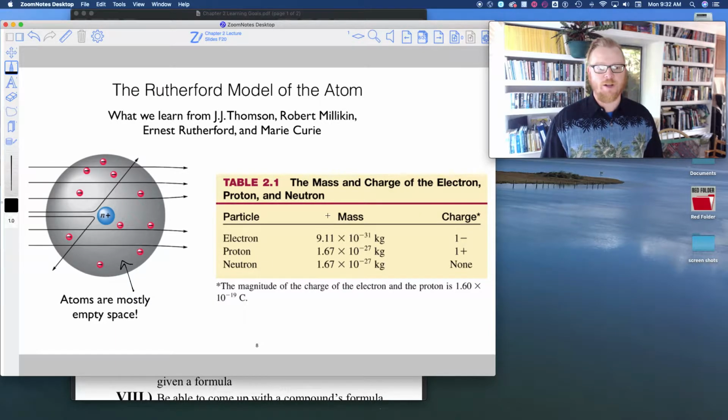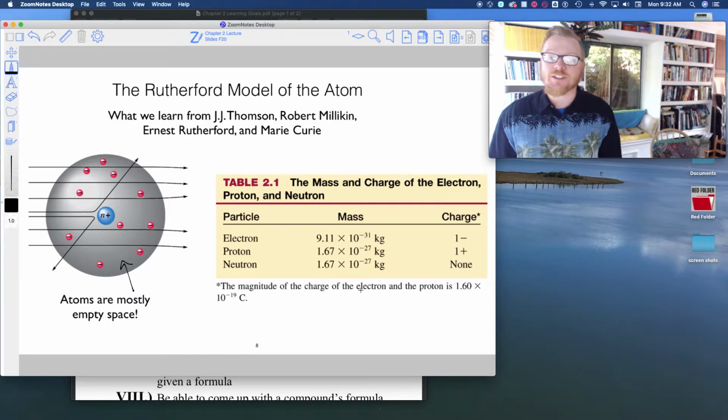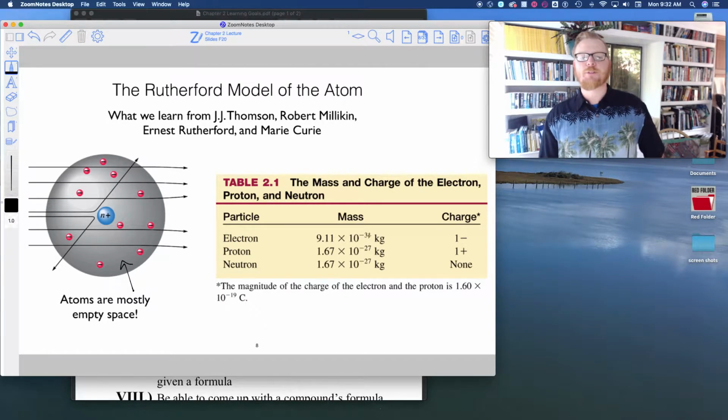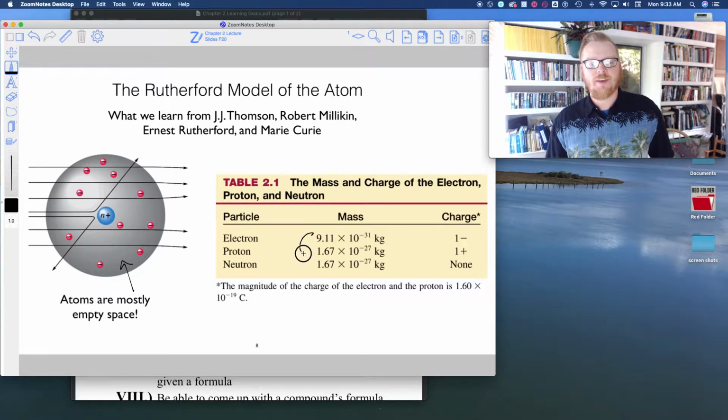So for example here, if we look at the masses of the electrons now, here in units of kilograms, 9 times 10 to the minus 31. It's crazy small. Protons and neutrons, 10 to the minus 27. That's still extremely small. But consider the difference between these. This is a factor of 10,000 times.